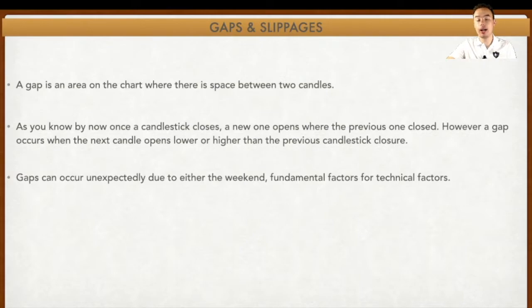Gaps can occur unexpectedly due to numerous reasons, such as it can happen over the weekend, so with all the orders happening on a Friday, and then you have the market closed on the weekend, and then Monday comes. Generally, once the market is open, a gap will form.